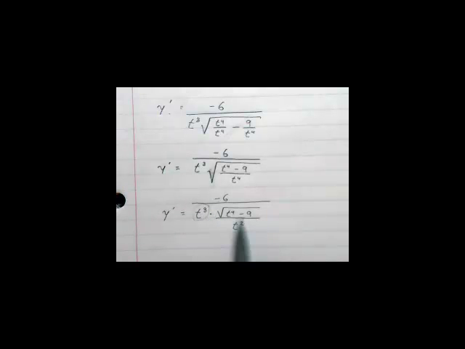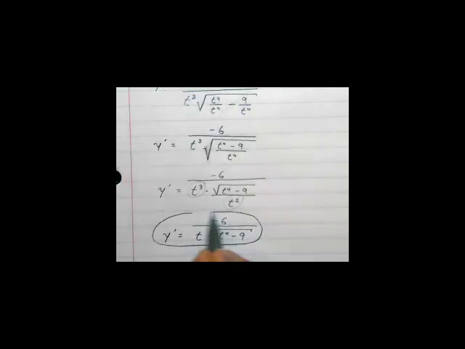It wouldn't be t to the fifth. It would be just a t, right? Because this isn't a denominator, and this is not, as far as everything that's in the bottom. So yeah, you get a little cancellation happening with your t's there then. And so this derivative, all simplified up nice, is negative 6 over t times the square root of t to the fourth minus 9. That's it.